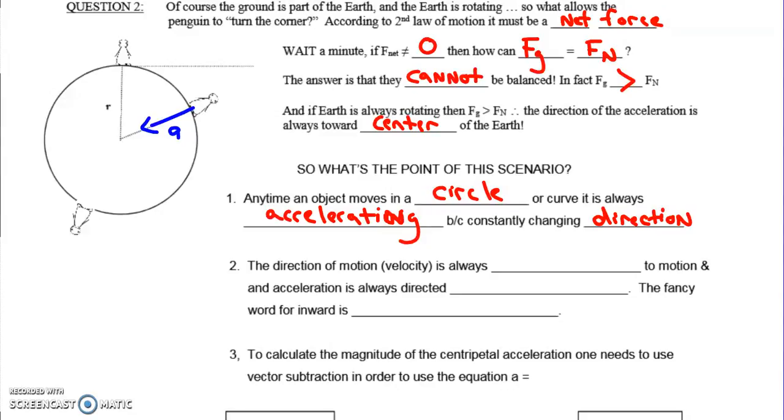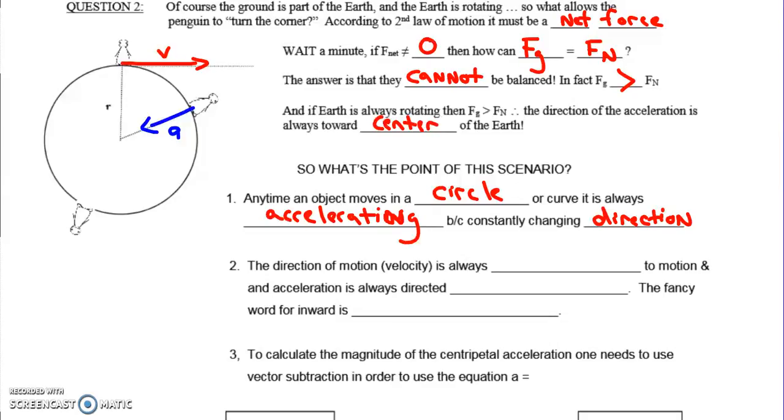What I mean by that is the object could be going at a constant speed and turn, and that is by definition an acceleration. And then the direction of the motion is always off on a tangent, meaning that if for some reason the Earth stopped spinning and the penguin was on it, the penguin would go off with a velocity vector in that direction at that moment.